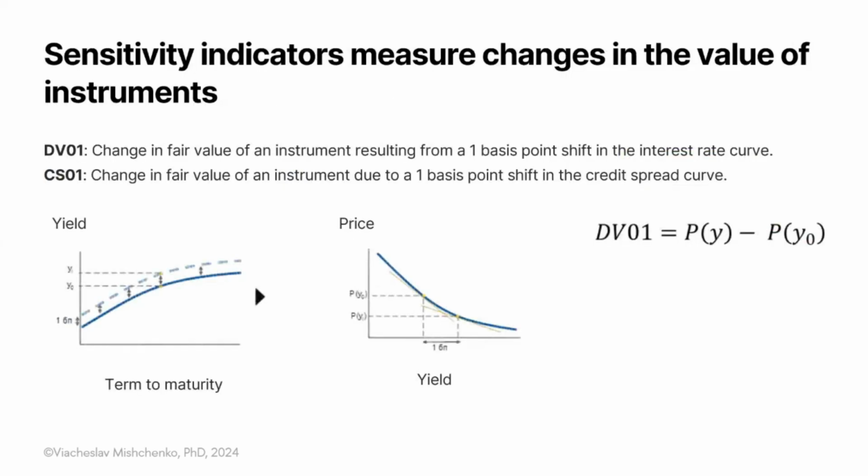And just to sum up, what is the benefit of using sensitivity indicators? They allow a risk manager to make a possible forecast of the value change of the portfolio very quickly, but not very precisely for sure.